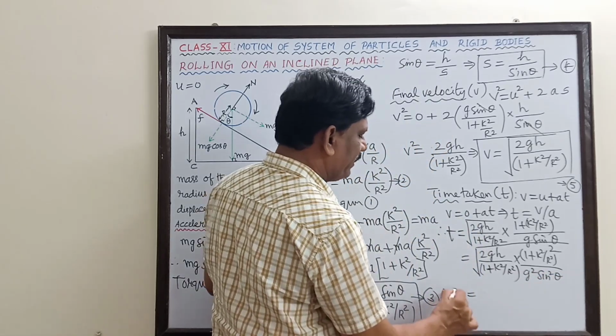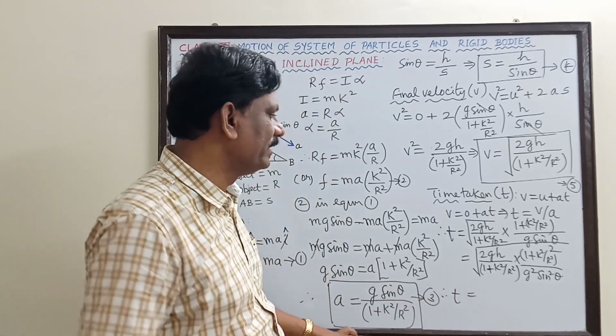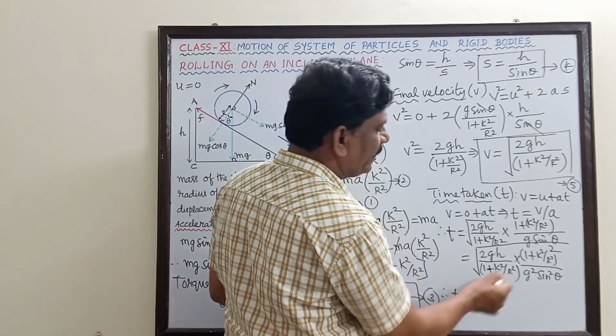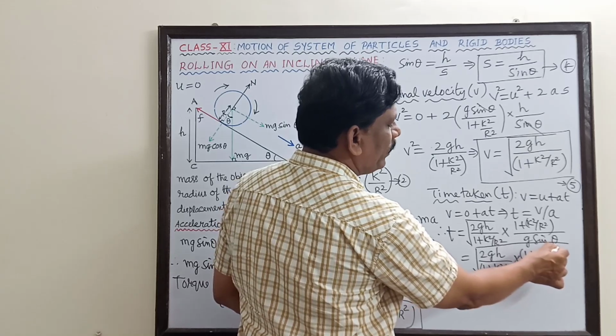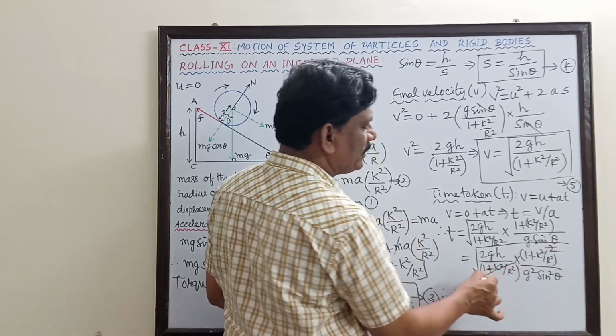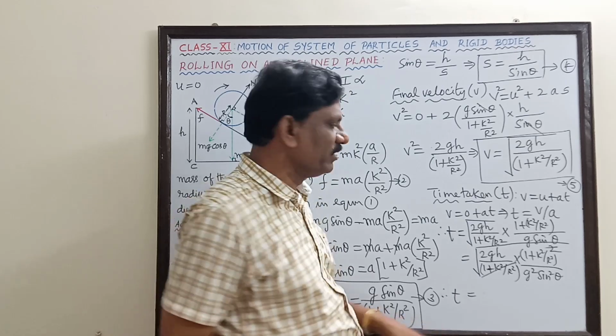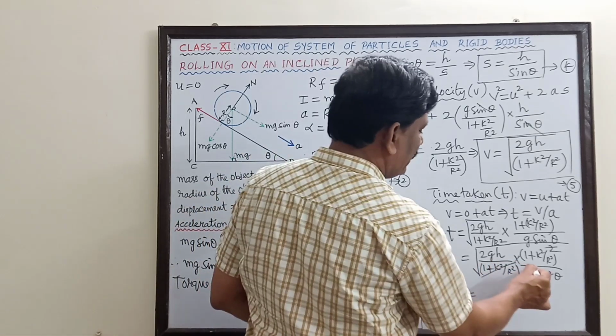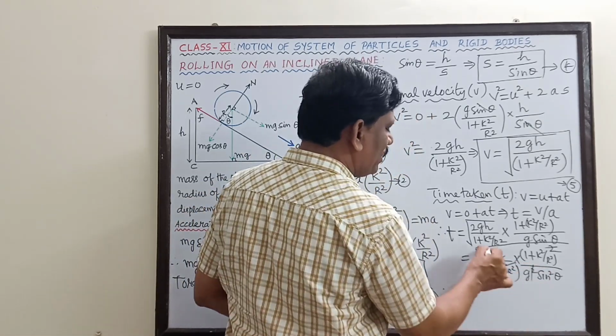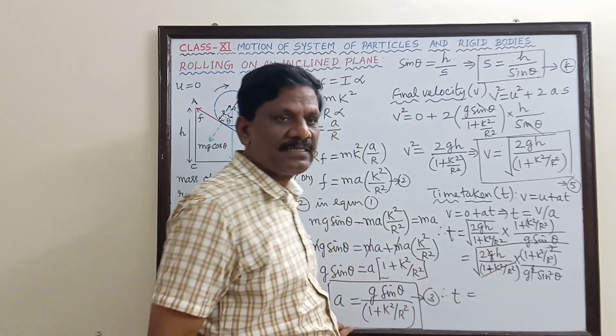Therefore, the final expression for the time taken t. What will be cancelled here is this power: the square power will get cancelled, so that the term 1 plus k square by r square shall be cancelled. Then g square, one g term gets cancelled.